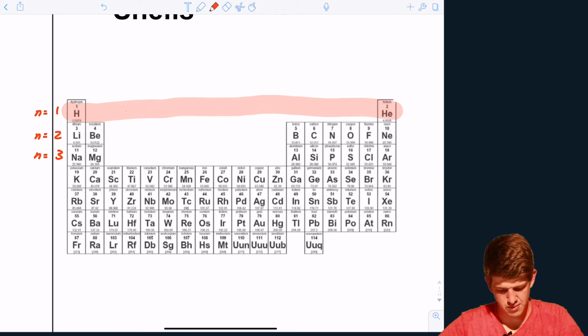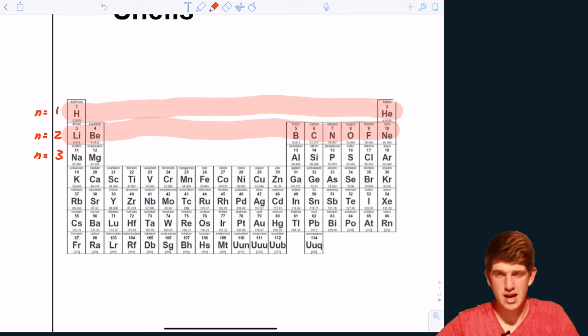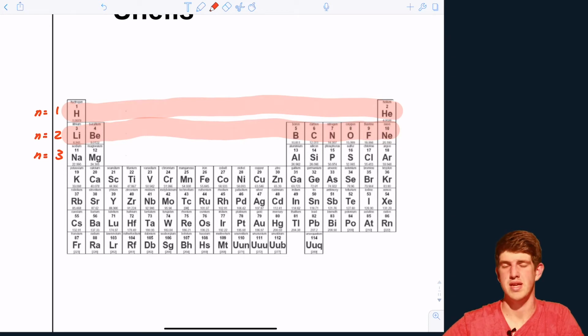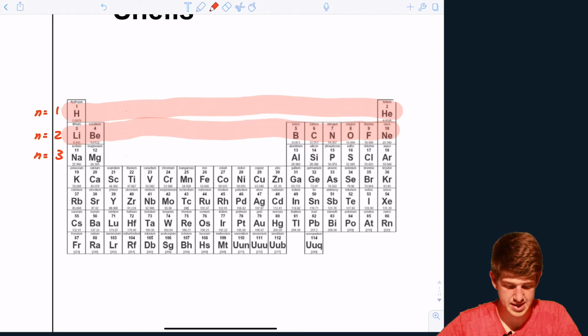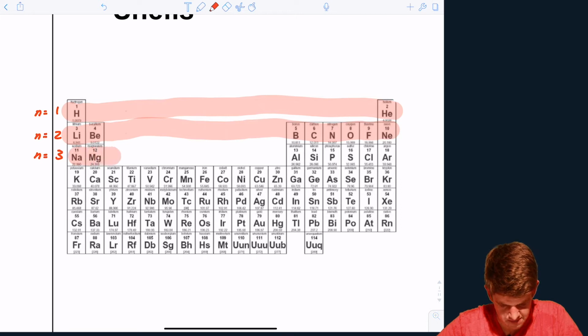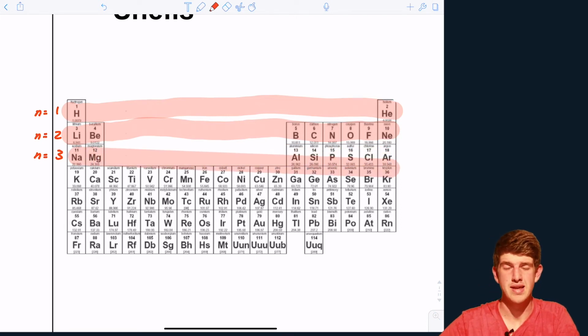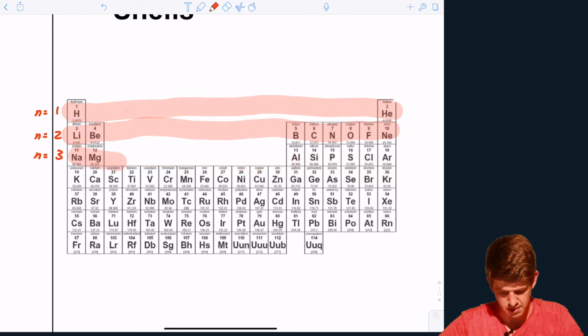That second row, for N equals 2, has 8 elements. Each one of those elements has 1 more electron than the last, for a total of 8 electrons in that second row. The third row gets kind of silly, because instead of moving all the way to the end and saying I also have 8, each one gets consecutively bigger.